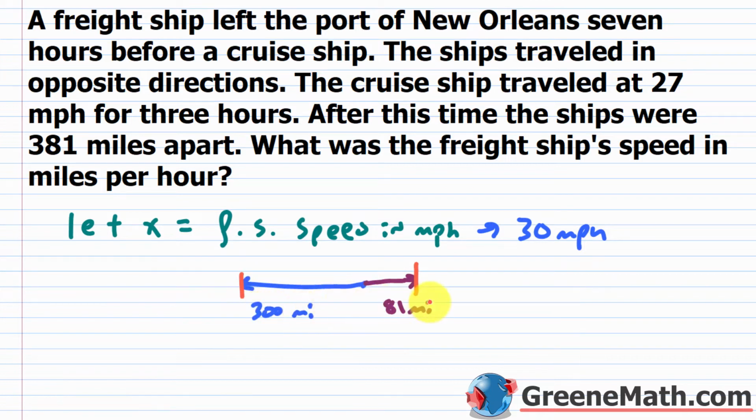The 300 miles plus the 81 miles. So the total distance would be 381 miles, as given to us in this problem. The 381 miles apart. So this is the correct solution. The freight ship speed in miles per hour would be 30 miles per hour.